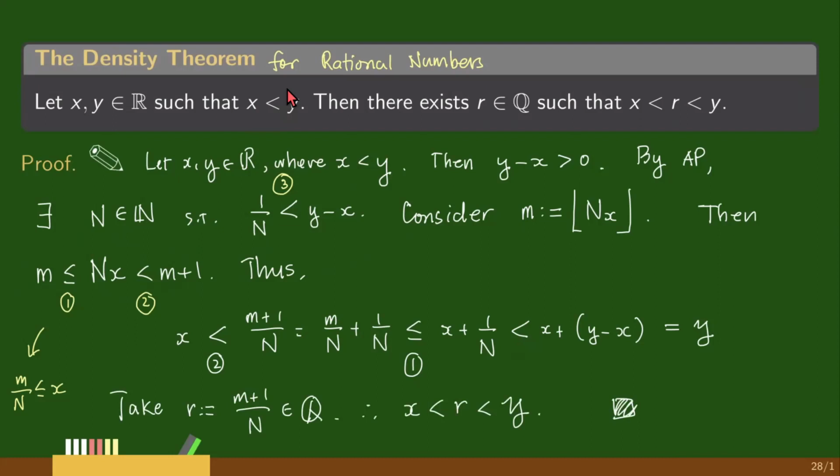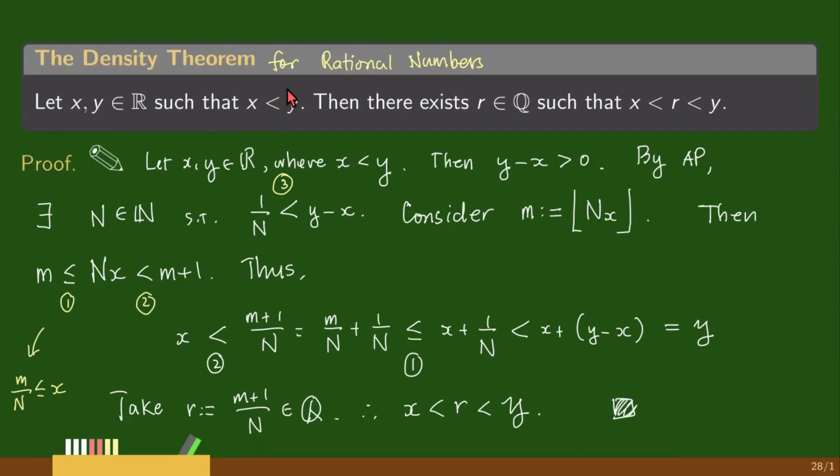Nakita nyo how we were able to prove the existence by construction. Ito naman yung proof of existence by construction na tinatawag. Pag sinabing by construction, you are actually constructing that element na pinoprove mo na nag-e-exist. Pinoprove natin that a rational number R exists between X and Y. In this case, hindi tayo nag-prove by contradiction.